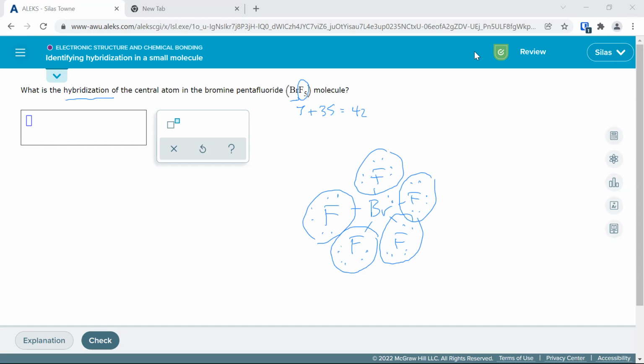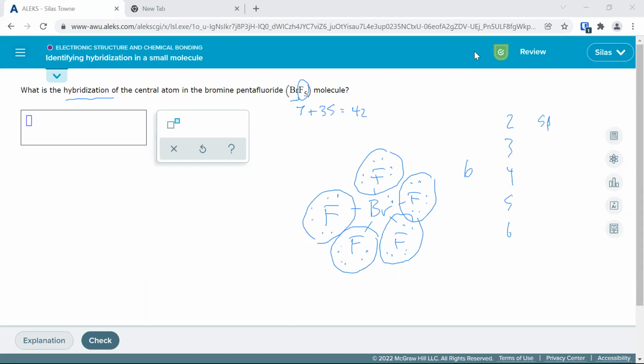So that central atom has 6 electron groups. Remember, first we count electron groups. We have 5 bonds plus a lone pair, so 6 electron groups. Now, how does hybridization work? It's based off the electron geometry. Here we have 6 electron groups, right? So we can have 2, 3, 4, 5, 6.